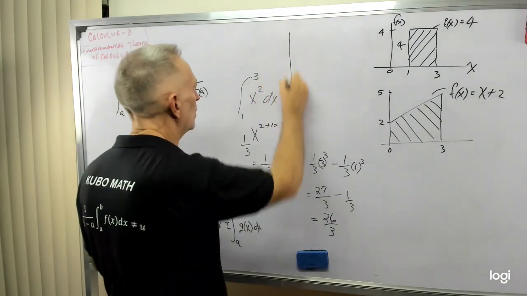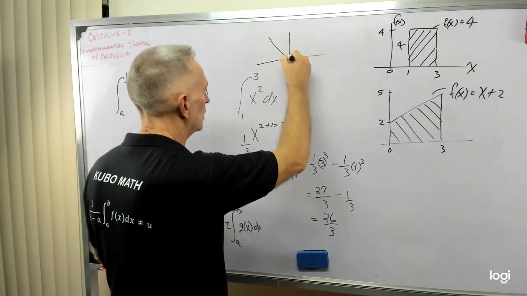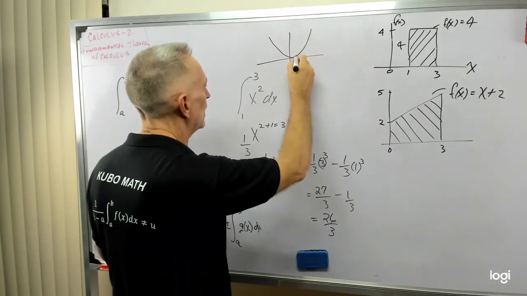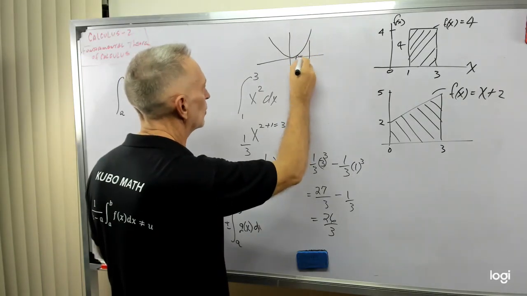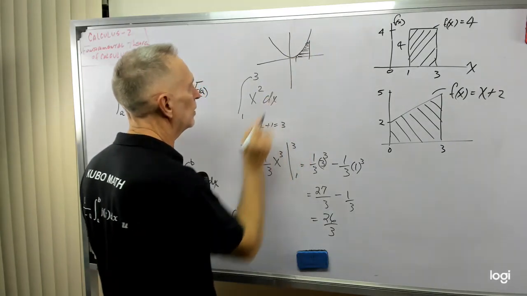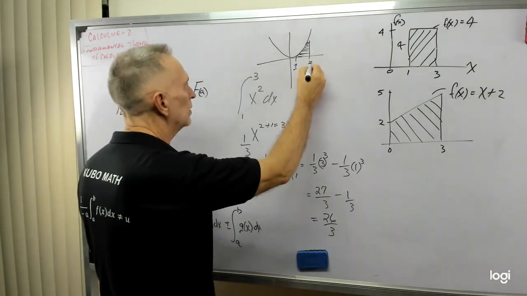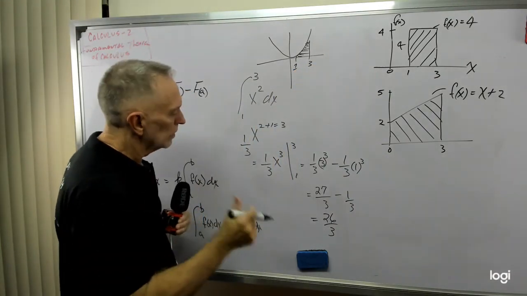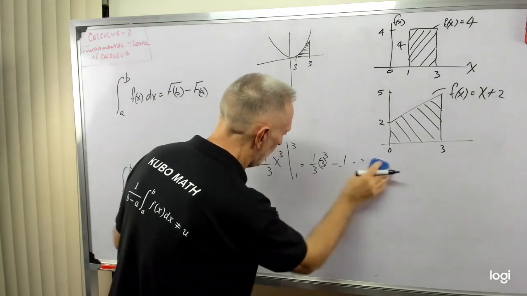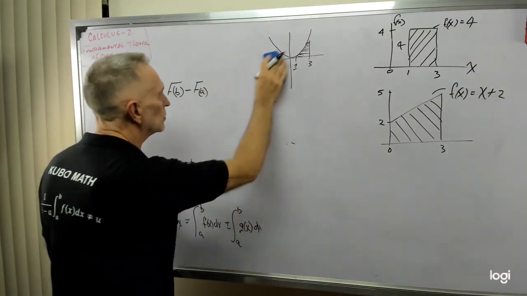Of course, you know x squared looks like that. So we're going from 1 to 3, so we're looking at that area right here. So that's the way that works.